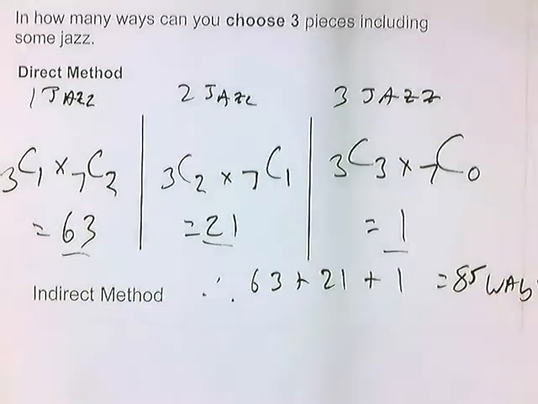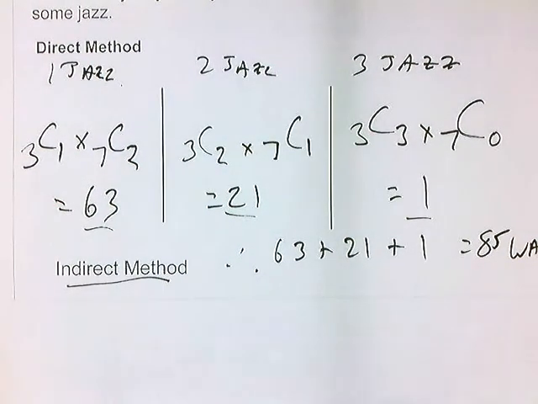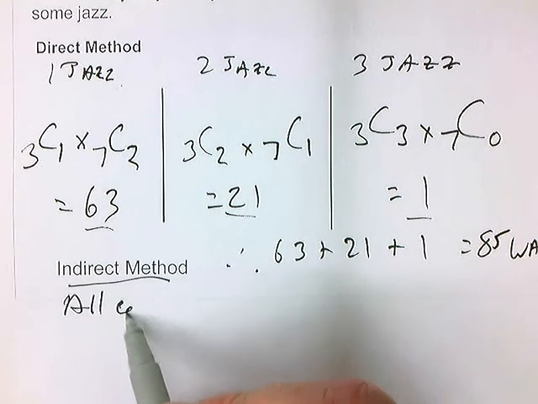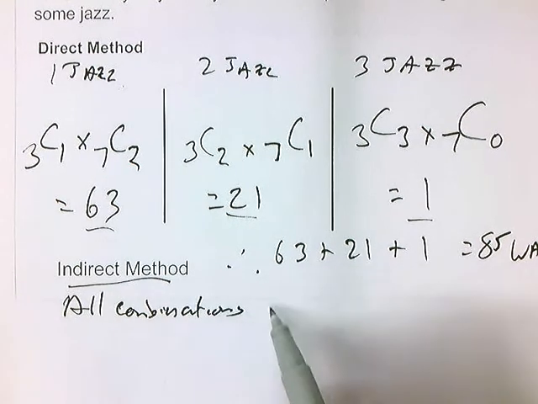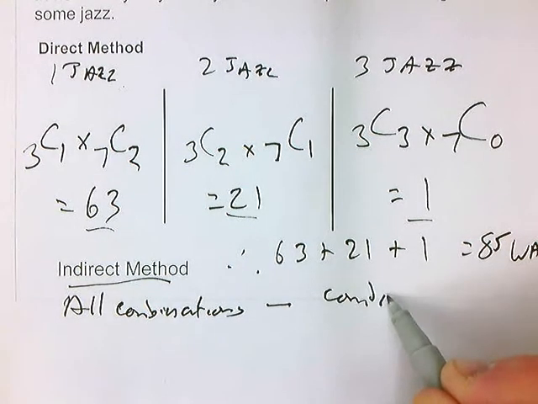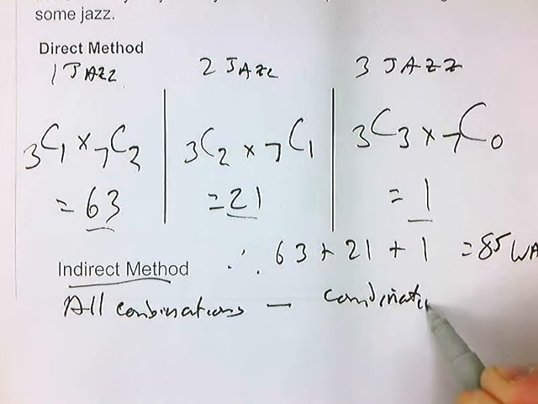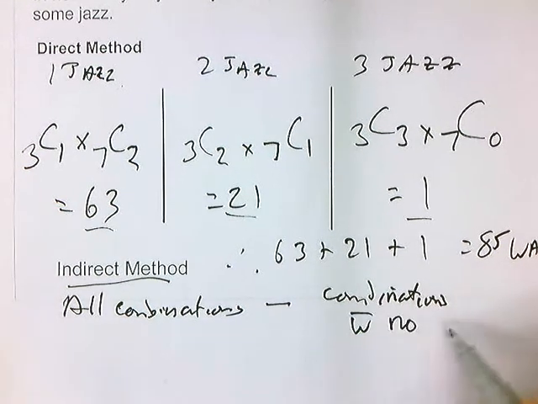Now, there's another way you could do it. You can think of it using the indirect method. So if we think of all the combinations, minus the combinations with no jazz.